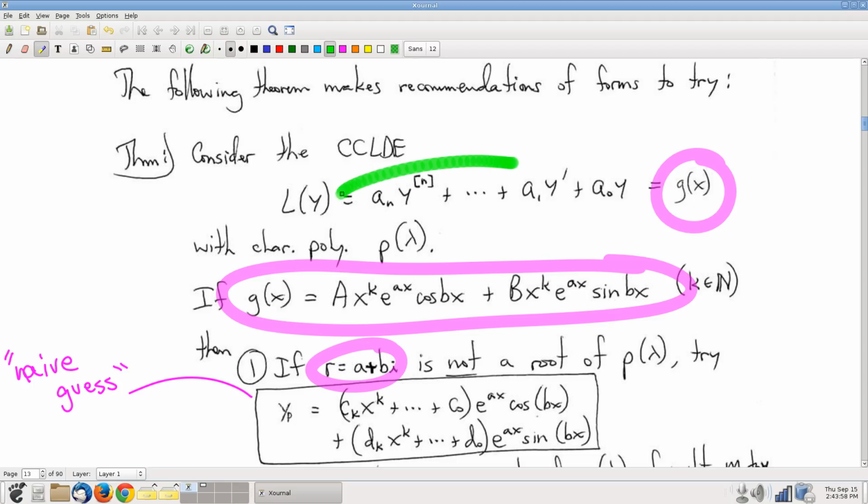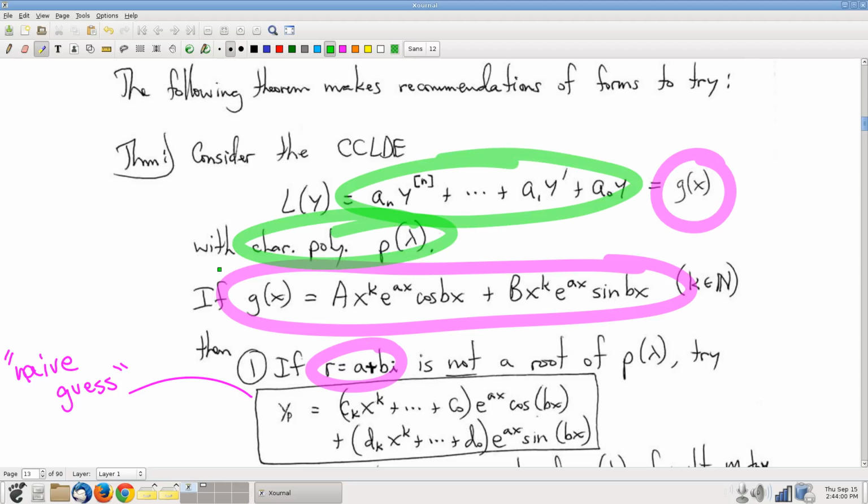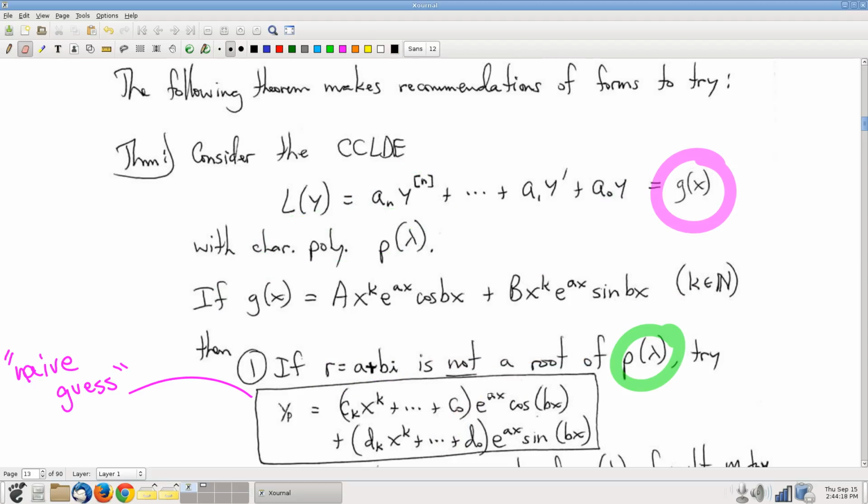Whatever the left-hand side is, form your characteristic polynomial, and then ask the question: is the r a root of the characteristic polynomial? If it is not a root of the characteristic polynomial, then your naive guess will work. Okay, so that's the first part of this theorem.